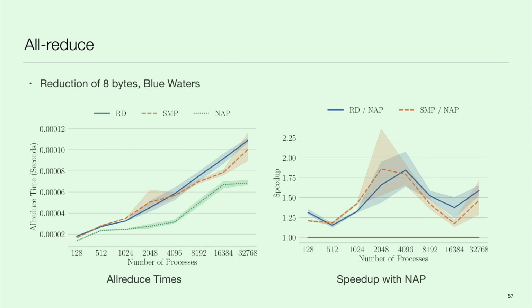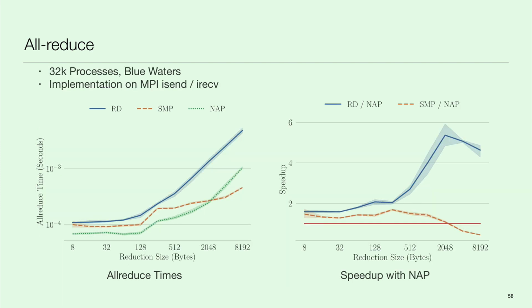And in practice, we saw that. So here we take a reduction of 8 bytes and increase the number of processes, and we can see that the node-aware approach does okay, and we get some good speed up with that.